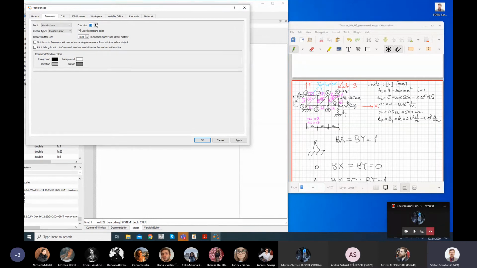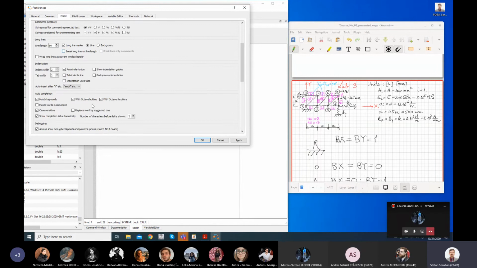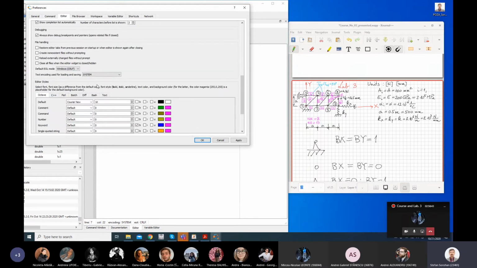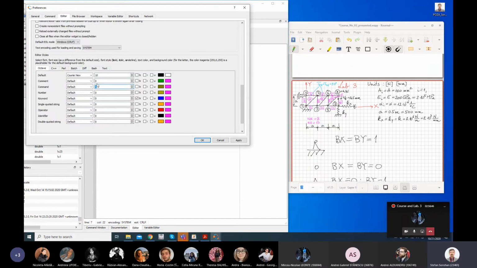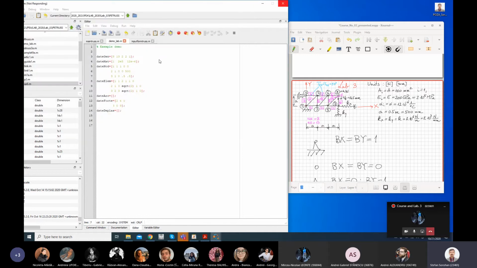Font size. But this is for the command. I need it for the editor. Where is the number of size? The editor. Yeah, this one. Let's put larger. I hope. Okay. No, it doesn't work. I don't know. I will try later.